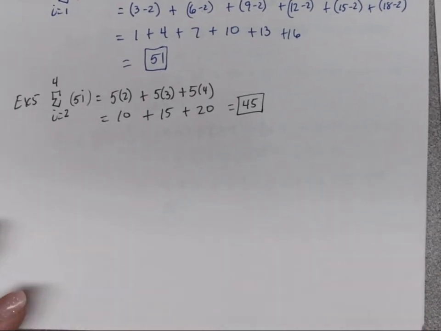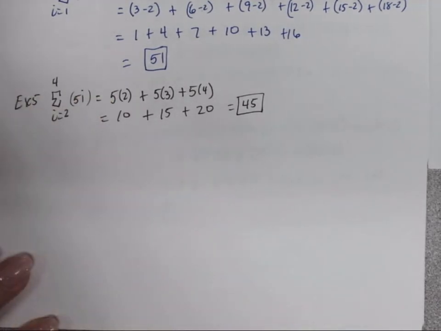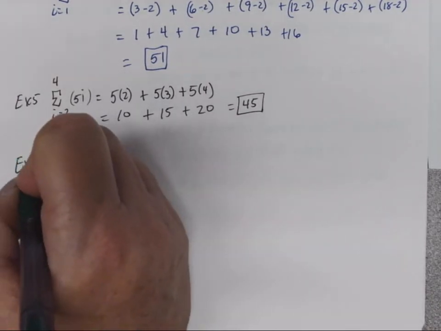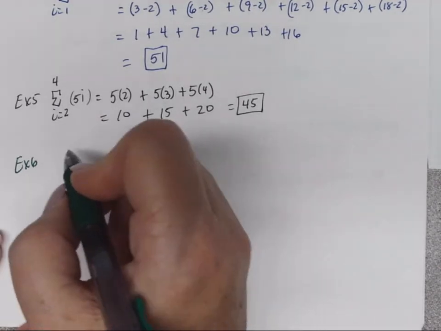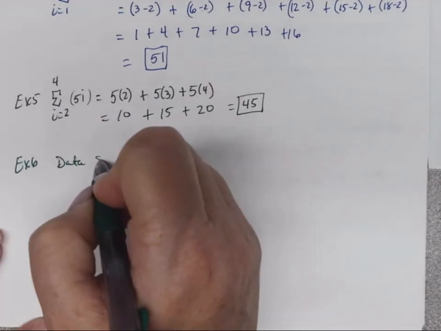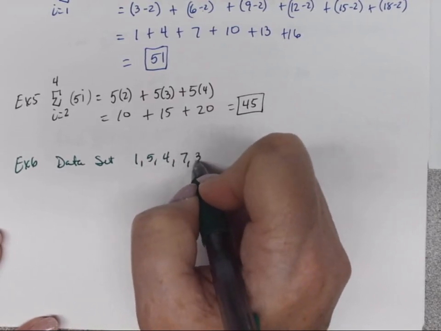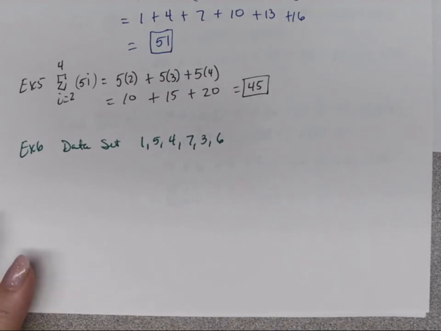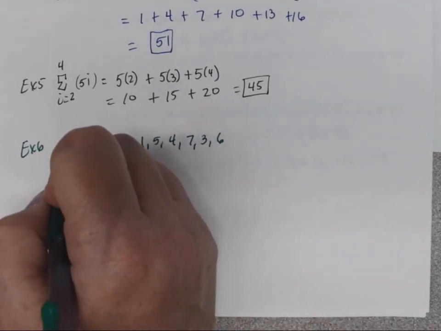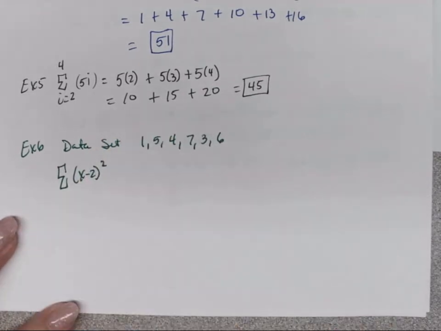All right, let's look at our next example. This will be example 6. And on example 6, we are looking at a new data set of 1, 5, 4, 7, 3, and 6. So for this data set, we're going to find the summation of x minus 2 squared.